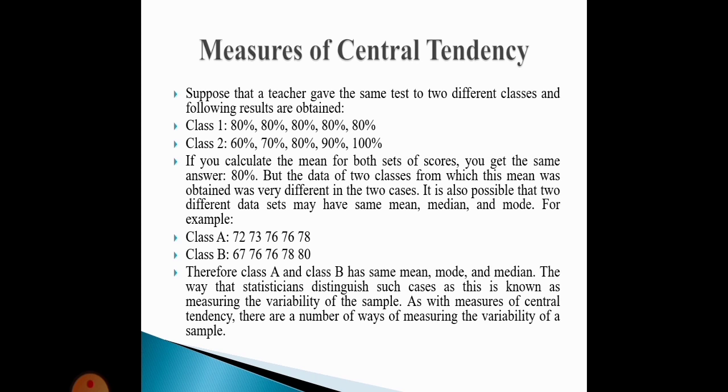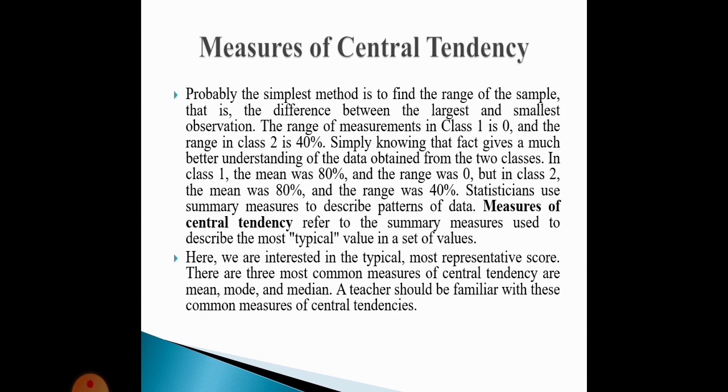The way that statisticians distinguish such cases is known as measuring the variability of the sample. As with measures of central tendency, there are a number of ways of measuring variability. Probably the simplest method is to find the range of the sample, the difference between the largest and smallest observation.